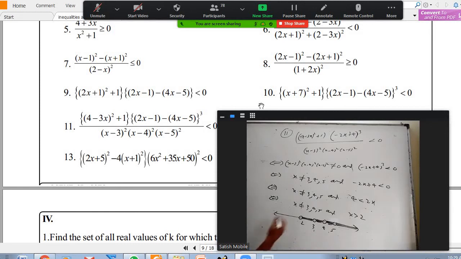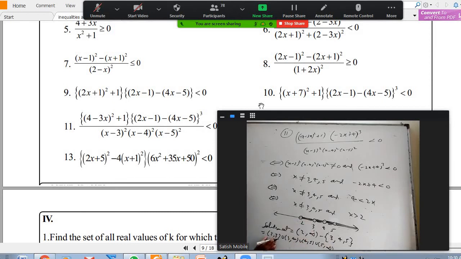How to write it as a set? Solution set is equal to open interval 2 to infinity except 3 discrete numbers 3, 4, 5. This is not a closed interval or open interval, a set containing 3 elements. You can also write this as (2,3) union (3,4) union (4,5) union (5,infinity).